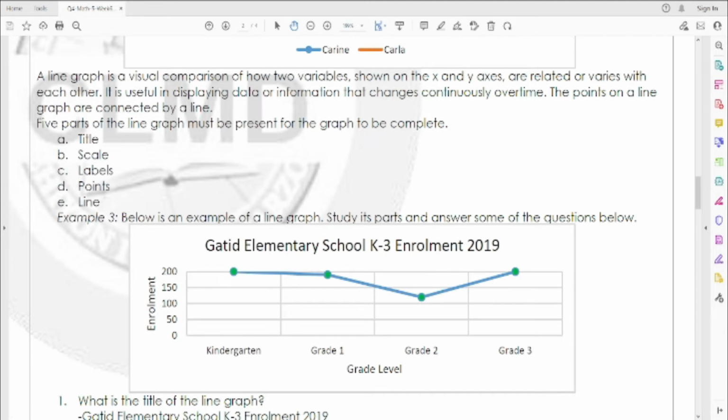The horizontal axis shows kindergarten, grade 1, grade 2, grade 3, the grade levels. The points are: kindergarten, 200; grade 1, probably about 190; grade 2, about 125; and grade 3, 200.